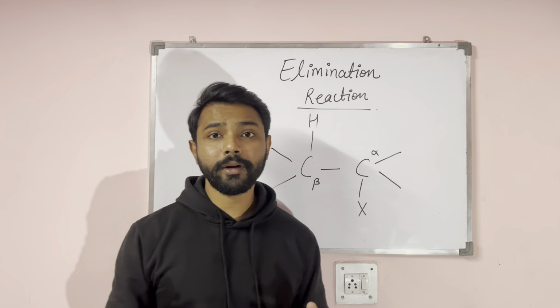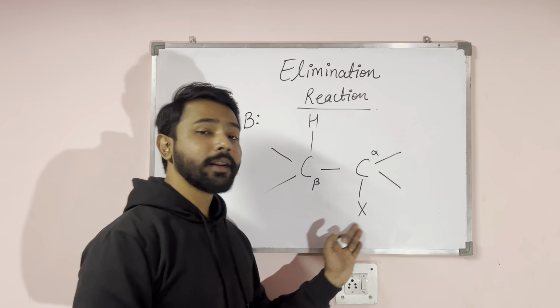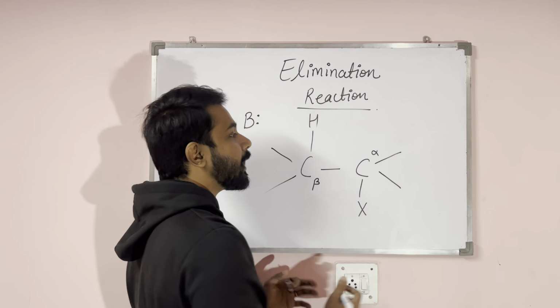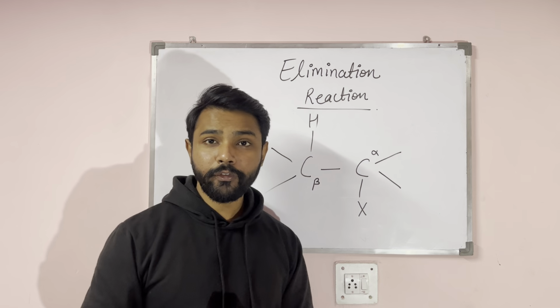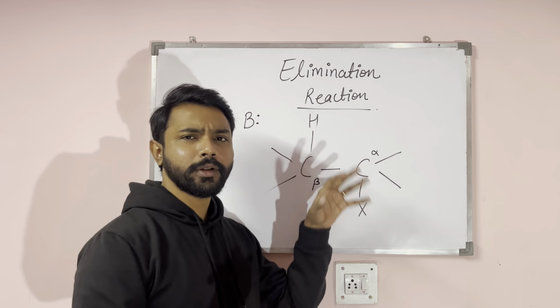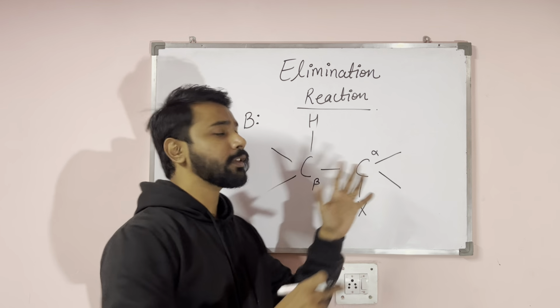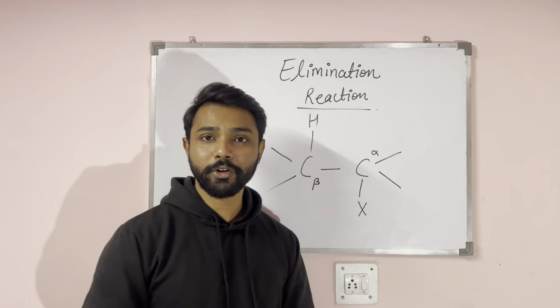Now you might be wondering why this is happening. As I told you, in our case the leaving group is a halogen. This halogen is electronegative, and that is why it makes the alpha carbon electron deficient. To fulfill the electron deficiency of the alpha carbon, the beta carbon itself gives electron density towards the alpha carbon, so now the beta carbon is also electron deficient.